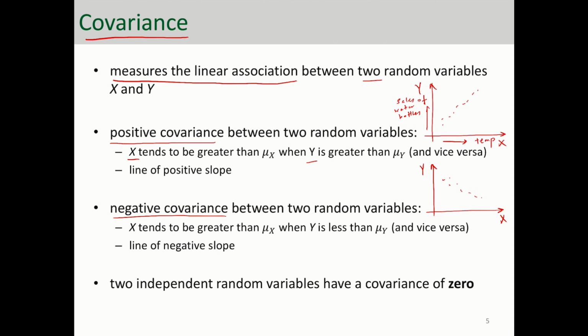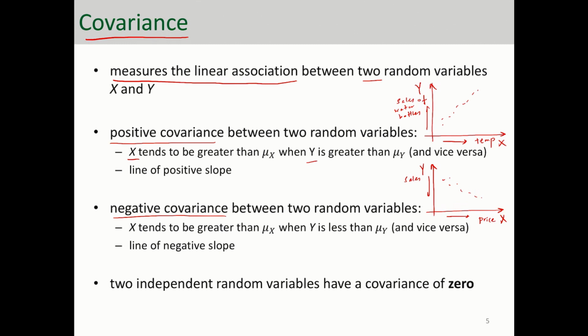A good example of that is the price of any product and the sales of that product. When price goes up, typically sales goes down. In those cases, you can say that price and sales have a negative covariance. When one goes up, the other tends to go down.